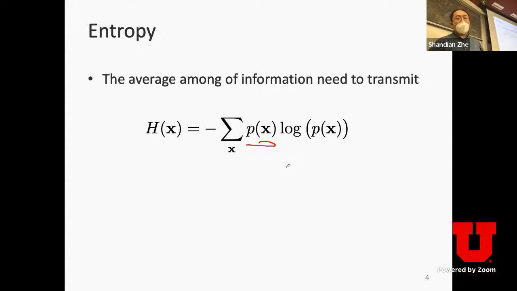Although they look the same, because we use p of x to denote the probability that a discrete random variable takes different values, and we also use p of x to denote the probability density. Although their expectations have a similar form, the calculation itself is different. One is an integral, one is a summation. In many cases, we can treat expectation, summation and integrals as kind of exchangeable, but in some subtle cases, it doesn't hold.